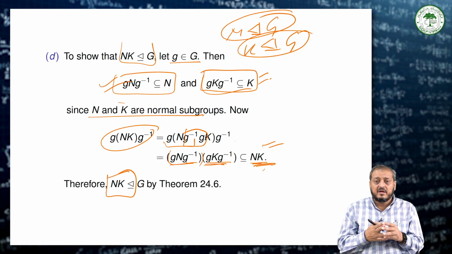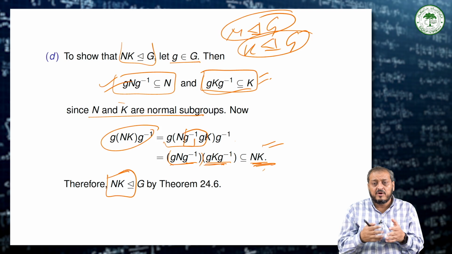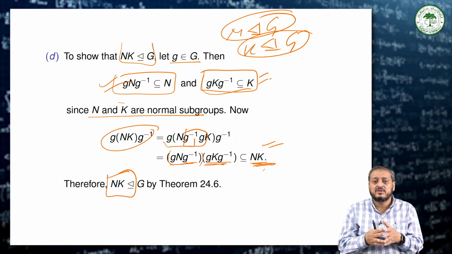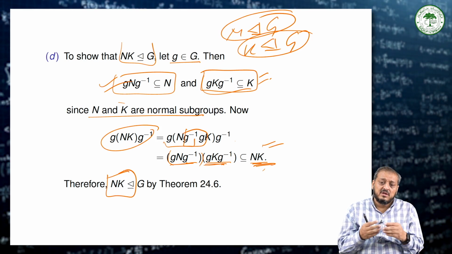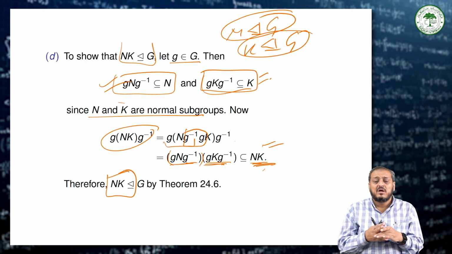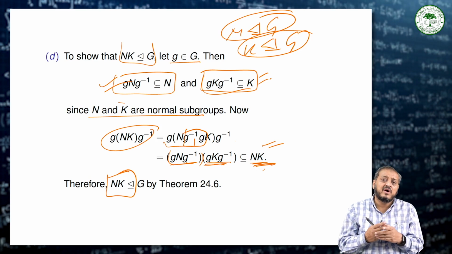So this concludes all the important properties of normal subgroups. We have discussed various theorems of normal subgroups and some important properties of normal subgroups. So this completes the theoretical part.